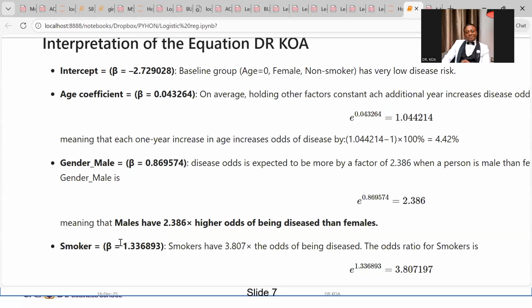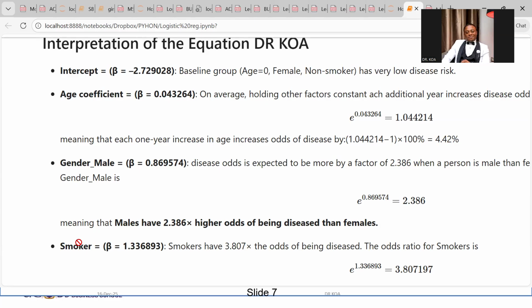If you check the coefficient, you see that the smoking status coefficient is 1.336. And now if you want to interpret it, you've got to do e raised to the power of that number. And that will give you 3.8 thereabout. So what does that mean? It was for smoker, it wasn't for non-smoker.